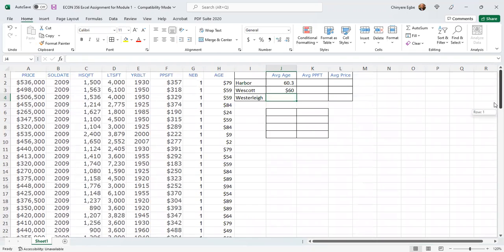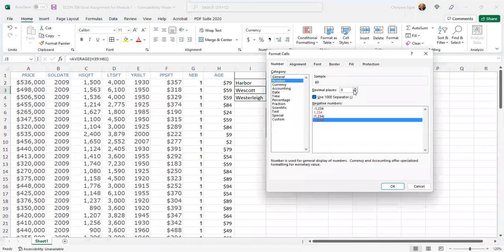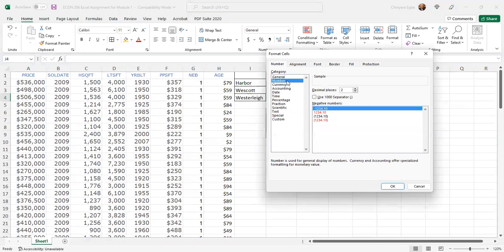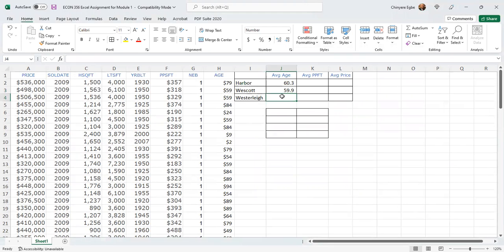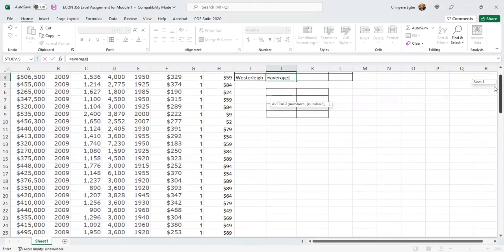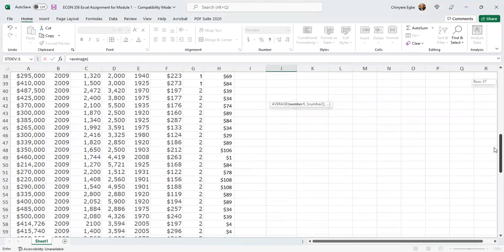Regular number, not dollars. And then for 3, equals average, and you go to age for neighborhood 3.